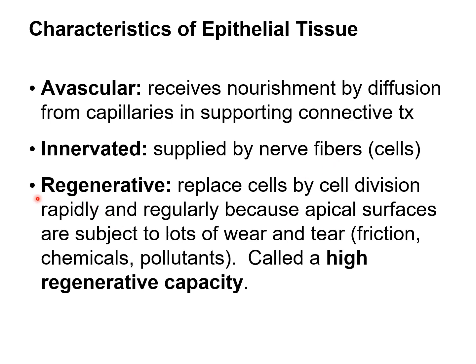Epithelial tissue is regenerative, meaning cells in epithelial tissue constantly go through mitosis. So if there's an injury to the tissue, or tissue is being worn by wear and tear, it has the ability to regenerate very quickly because of the high turnover rate due to high frequency of mitosis. This is called high regenerative capacity.